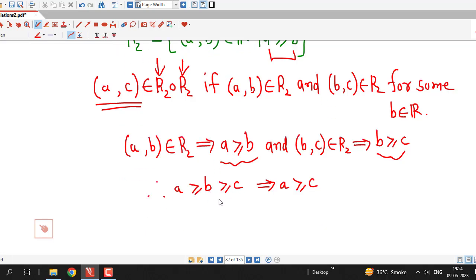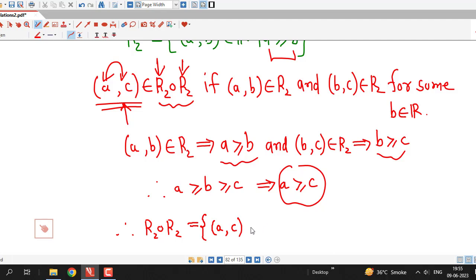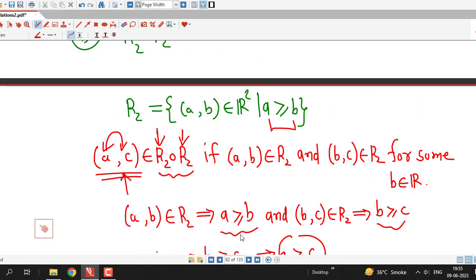If B and C are equal, then we can write that A is greater than or equal to C, or we can write A is strictly greater than C if B is strictly greater than C. So in short, we obtain the condition on A and C to be an element of R2 composite R2, and the condition is that the first component is greater than or equal to C. So what we have obtained for R2 composite R2 is equal to all those ordered pairs (A, C) in R2 for which A is greater than or equal to C. And this is nothing but relation R2 itself.